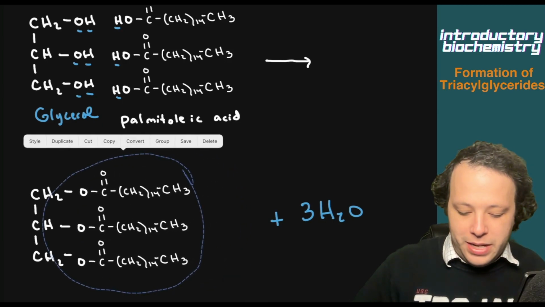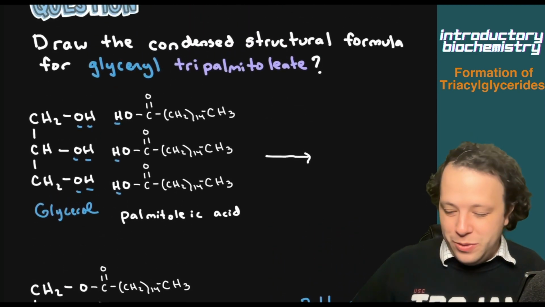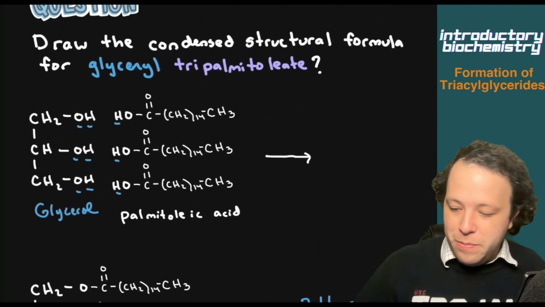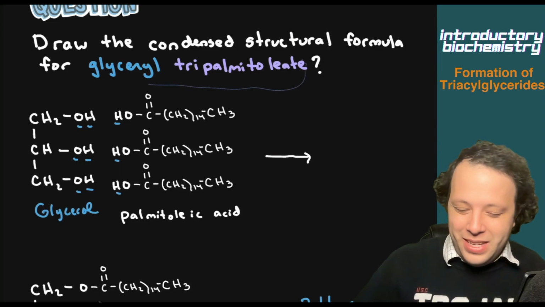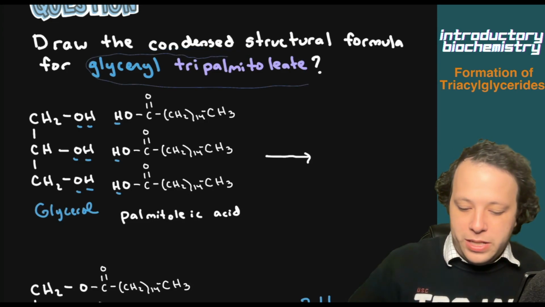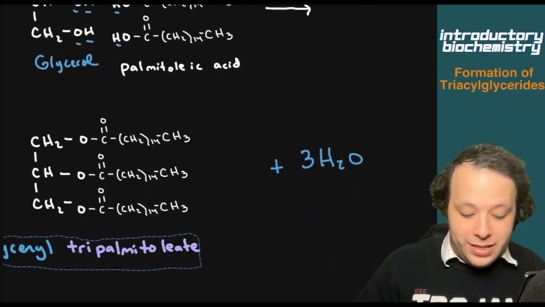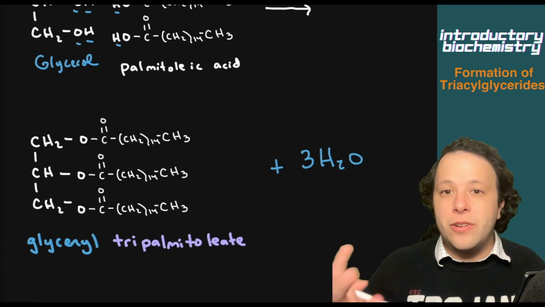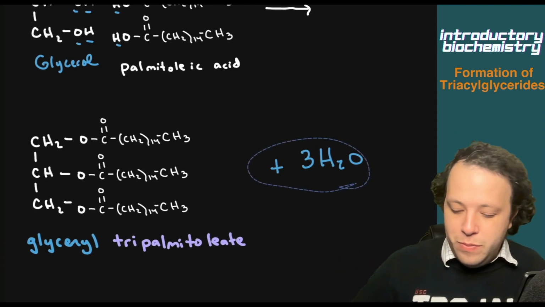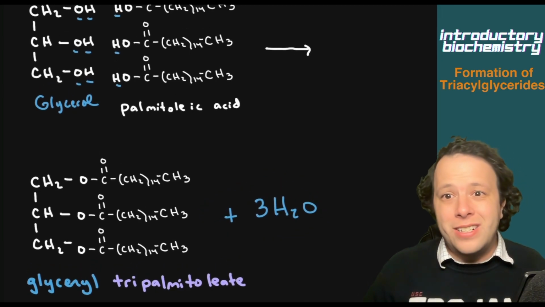This is going to combine together to make our final product here, which is glycerol tripalmitoleate. Now, just as a reminder, what type of reaction is this? Well, this is a form of a condensation reaction. So you're removing water to make this very, very large compound. And that's the complete reaction of how to do this.